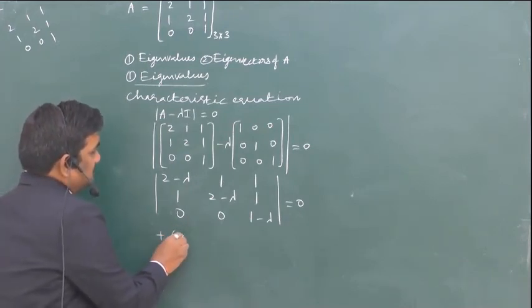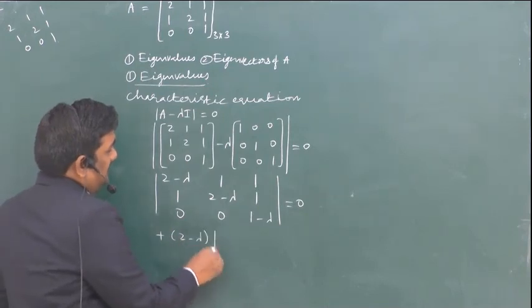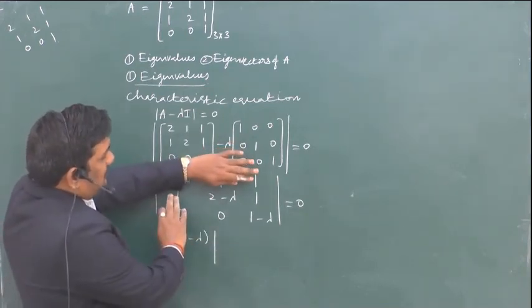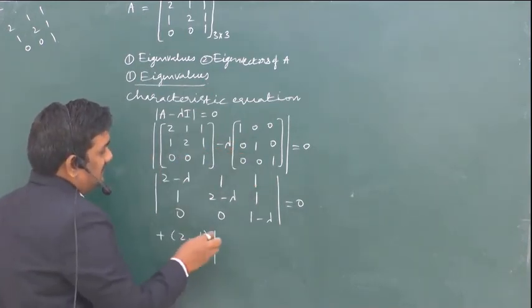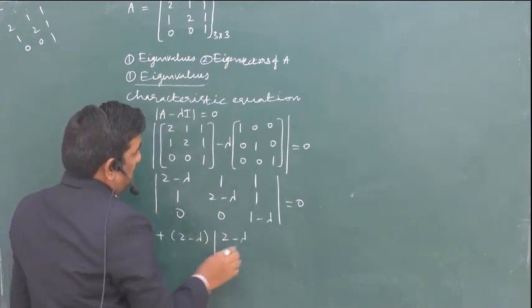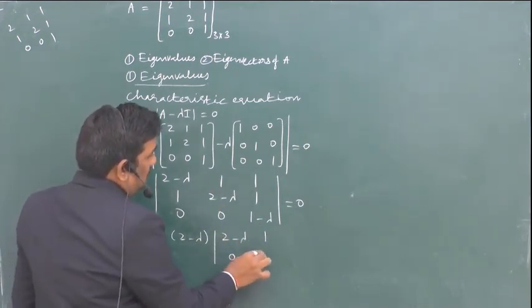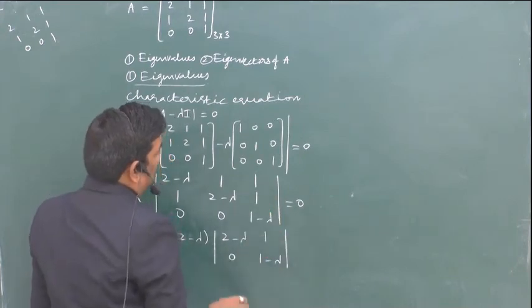Okay, so plus 2 minus lambda into the determinant of, you close row 1 and column 1, it will be 2 minus lambda, 1, 0, 1 minus lambda.